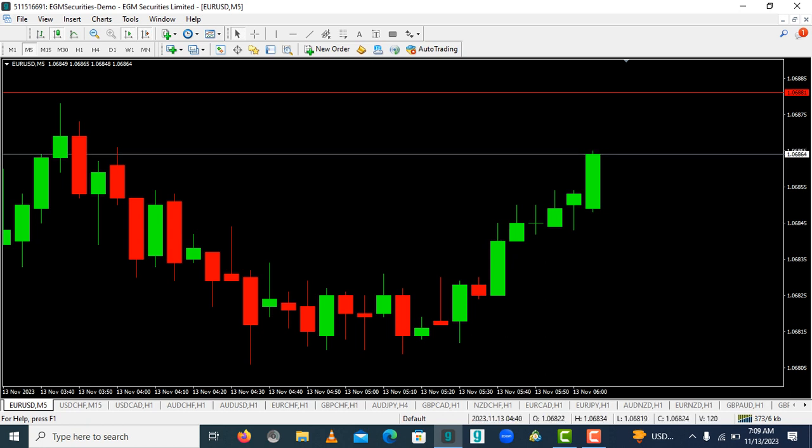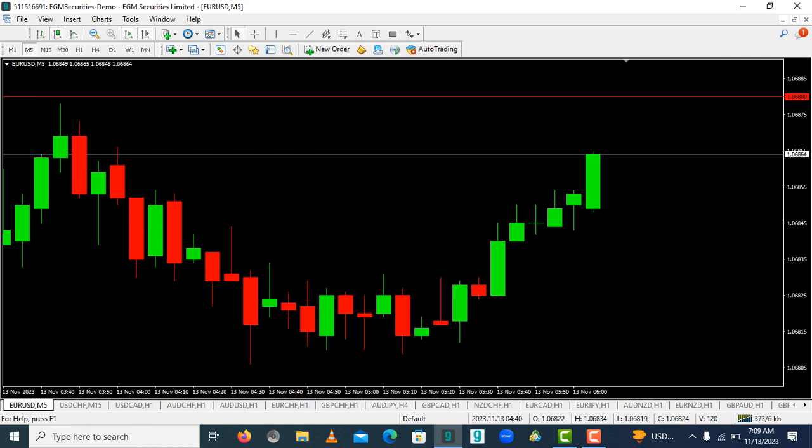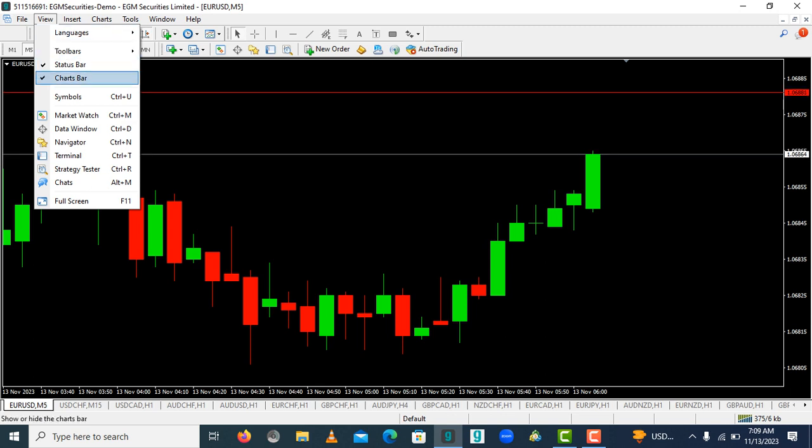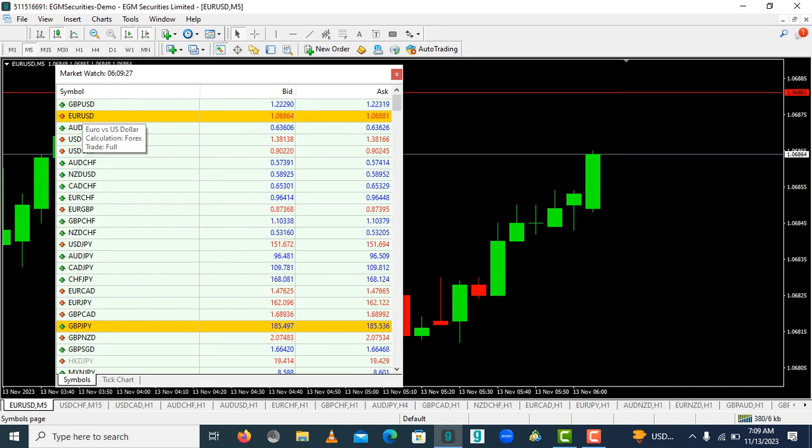In case you want to know where you get the spread in the MetaTrader 4 or the MT4, you will get to the View tab, then you come down to where we have the Market Watch, and in the Market Watch you will see two things. You will see the bid price here, and you will see the ask price on the other side.